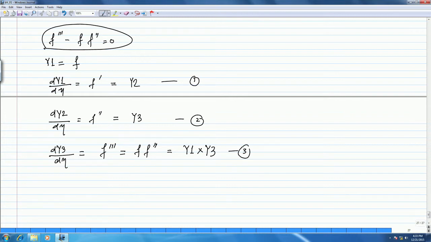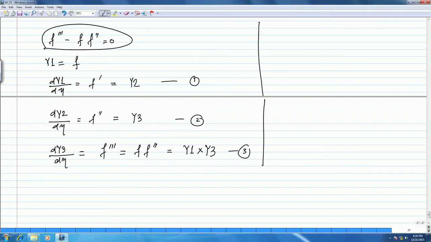This is essentially how I start out. This is what I'm going to look at, to see how we will develop the Runge-Kutta method.